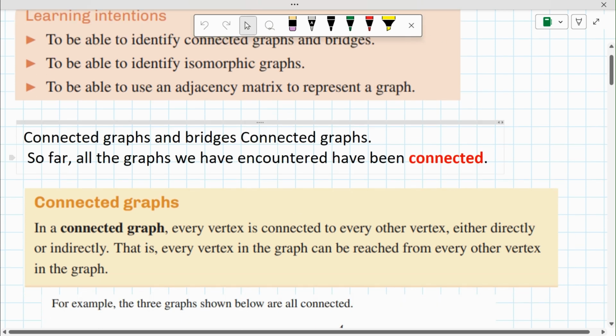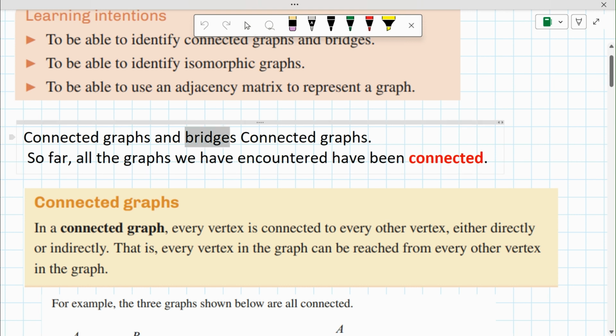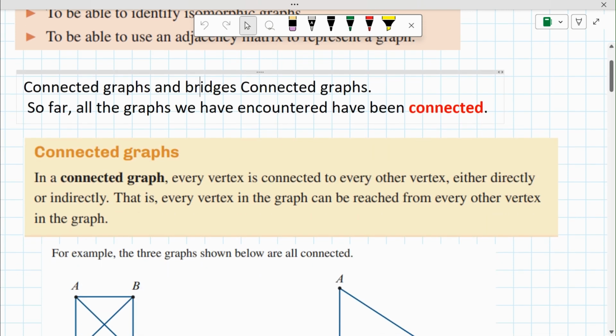So, connected graphs and bridges. I'm going to make sure you know what bridges are in a second. So far, all the graphs we have encountered have been connected, so assume they are connected. A connected graph is one where every vertex connects to every other vertex, either directly or indirectly.